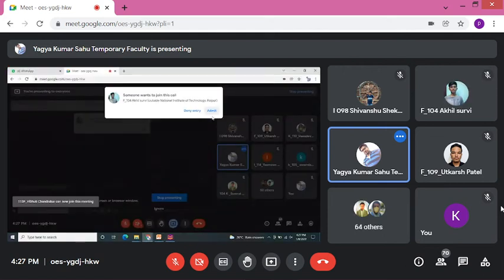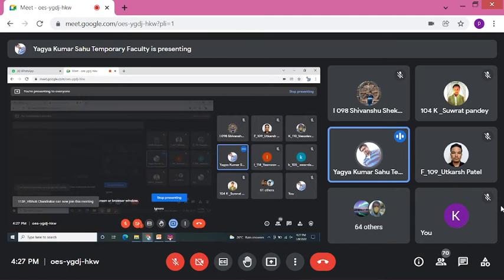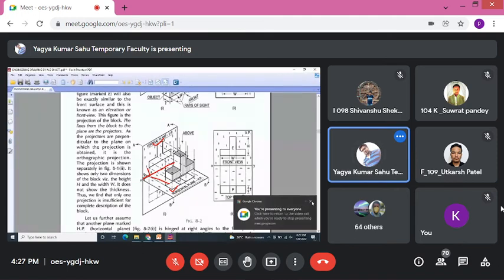Okay. So for getting both views on a single plain paper, we need to rotate the horizontal plane 90 degrees clockwise so that it becomes an extension of the vertical plane, and this particular line XY is the partition line between the horizontal and vertical plane.